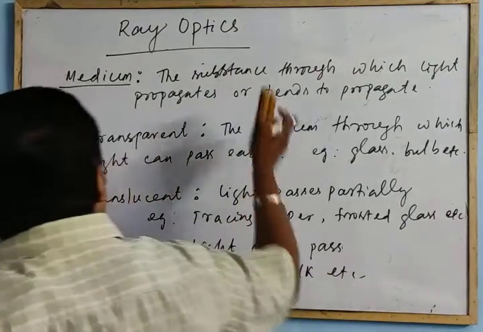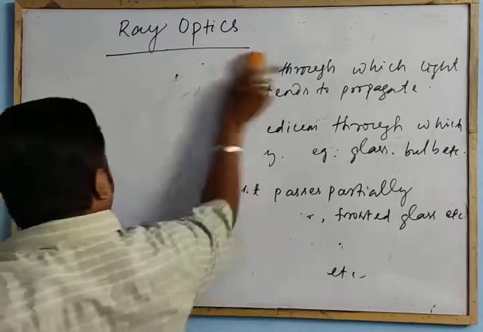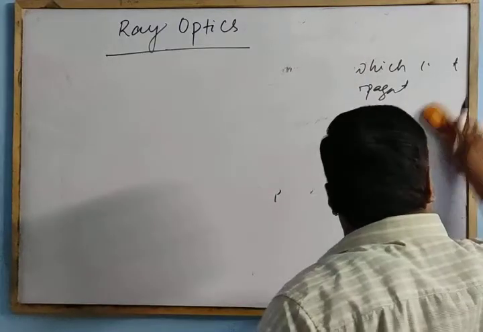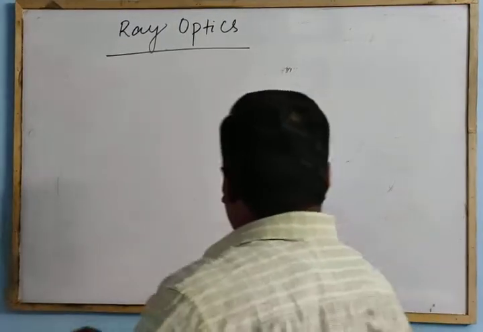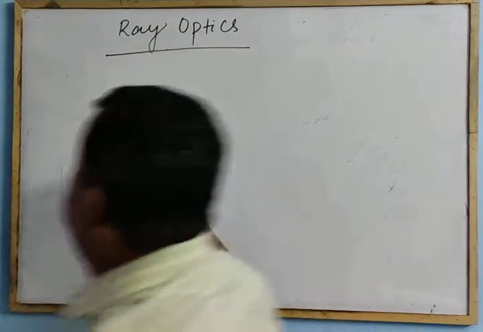After knowing source and medium, we will go to another definition, that is a ray. What is meant by a ray?